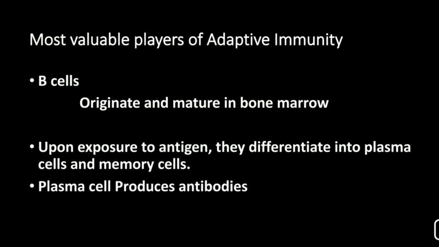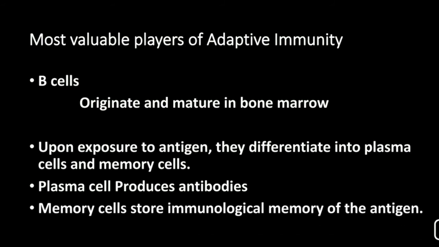These plasma cells work intensively and they produce thousands or maybe millions of antibodies. But the memory cells, they are the most important. They store immunological memory of the antigen so that whenever the antigen comes in next time, our body can react to it or produce a response against it instantly, in a very learned and very specific way, so that the antigen is gone before we even know it.